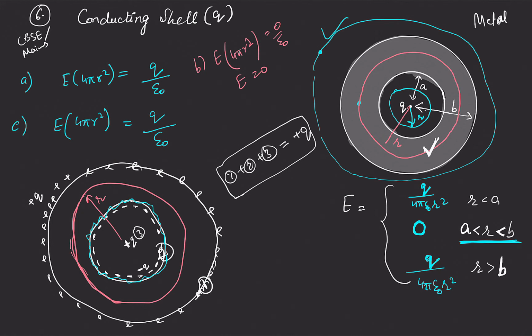Now you can see that if you construct an imaginary surface at a distance r from the center, the net charge inside is 1 plus 2 plus 3, which is Q. So basically this derivation for case 3 is correct.